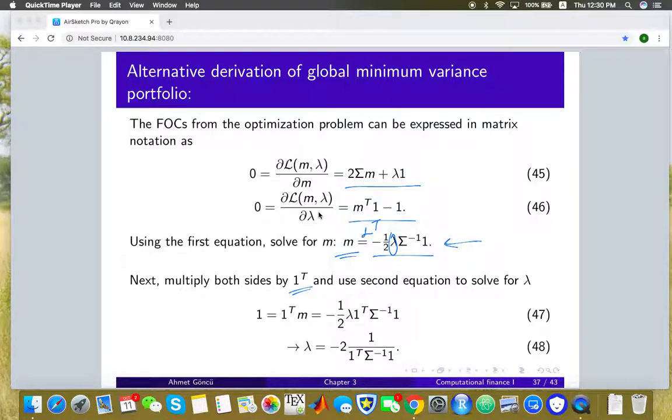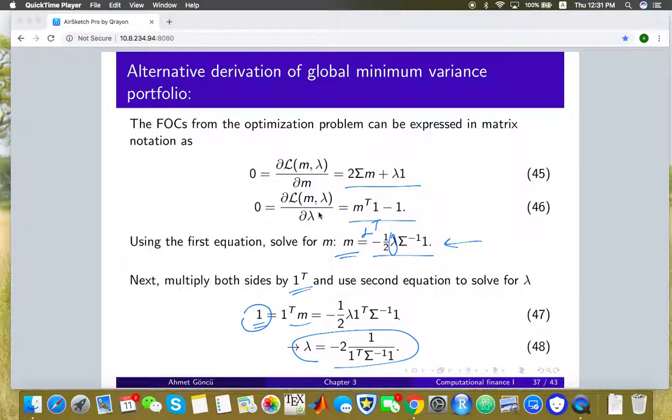Since 1 transpose times m or m transpose times 1 are the same, because this is a scalar at the end, you can take the transpose of this term and it doesn't matter. This can be written in this form. And here, if we obtain lambda, because this is equal to 1, as you can see, lambda can be obtained as this expression here.